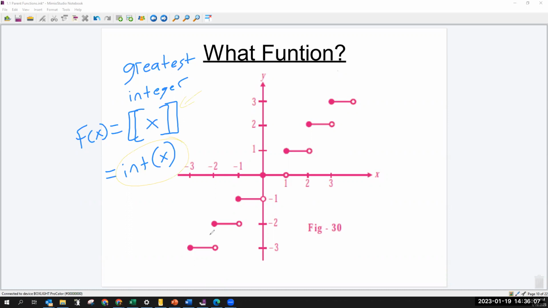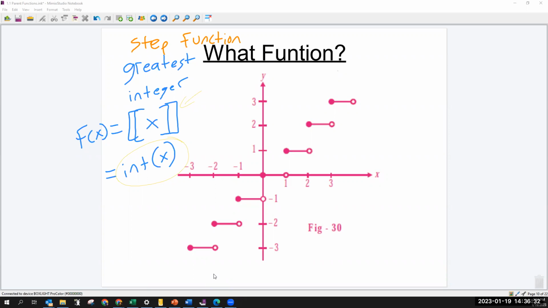Now, what is it doing? Just based on appearances, this function is also called the step function, just because it looks like steps. Greatest integer. Remember, integers are whole numbers, positive, negative, or zero. So how we do this is we come up with an x value.